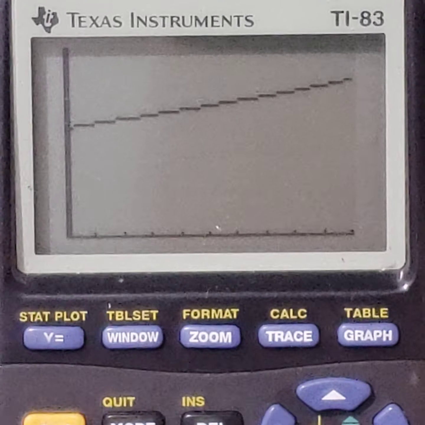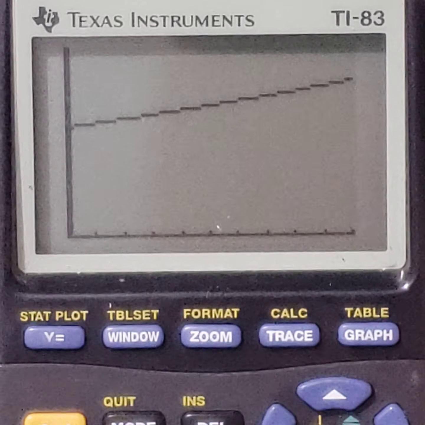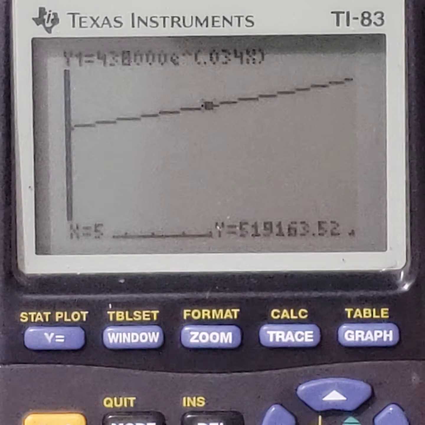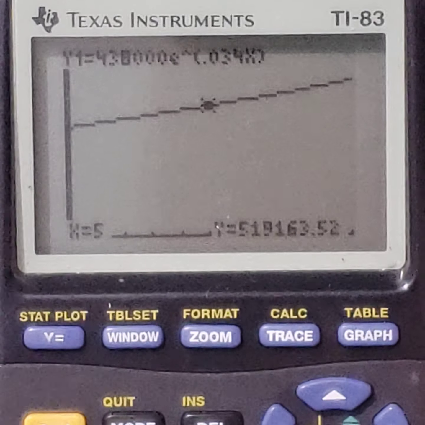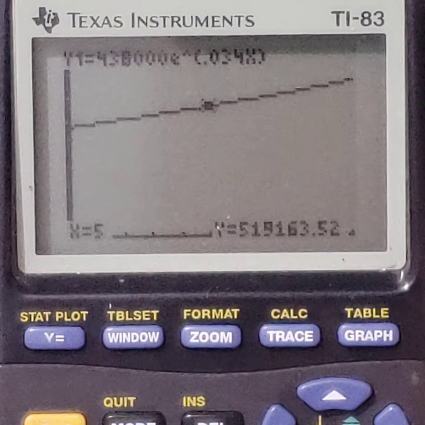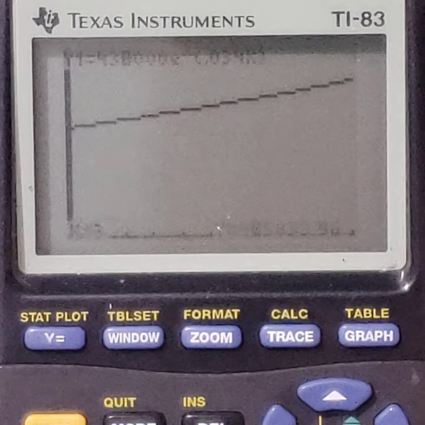Okay, so to find the population in 2017, all we need to do is hit trace. And then type in whatever number represents 2017. If the year we started was 2014, 2017 is only 3 years after that, so we go for year 3.